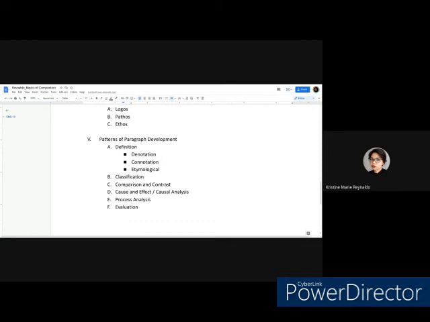So let's say you want to define futures in the context of financial capitalism. You want to define derivatives and futures in the context of financial capitalism. Then you find the book on financial capitalism and look at how it defines derivatives and futures. So these are examples of denotation.